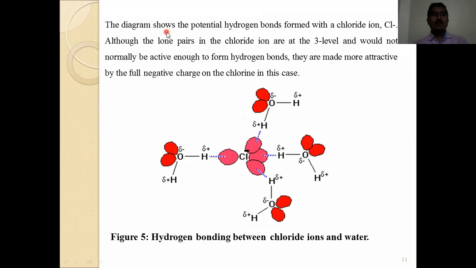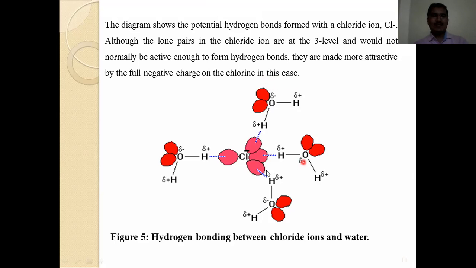The diagram shows the potential hydrogen bonds formed when a chloride ion is surrounded by water. Although the lone pairs in the chloride ion are at the third level and would not normally be active enough to hydrogen bond, they are made more attractive by the full negative charge on the chlorine.